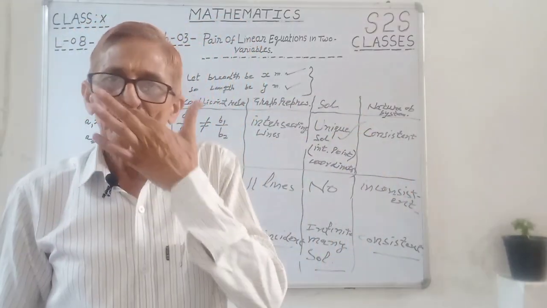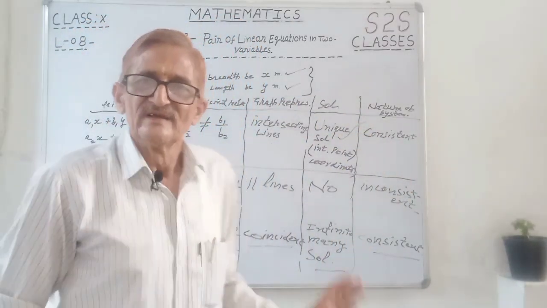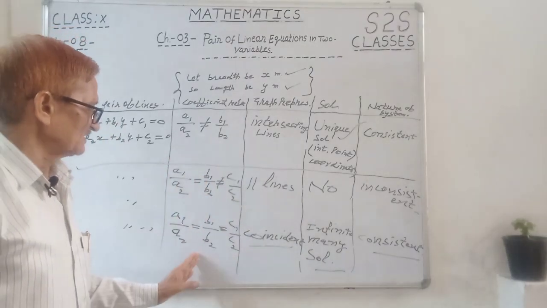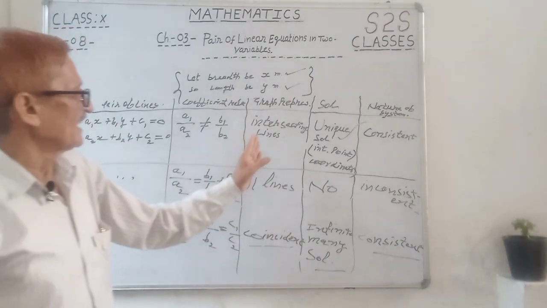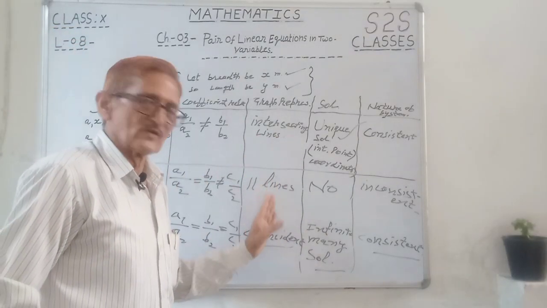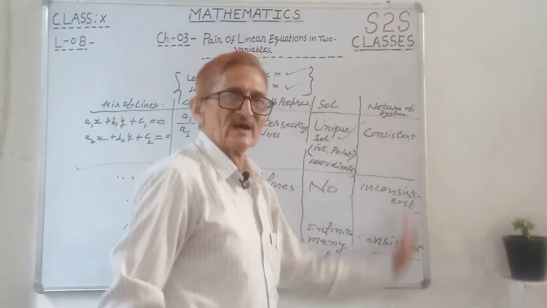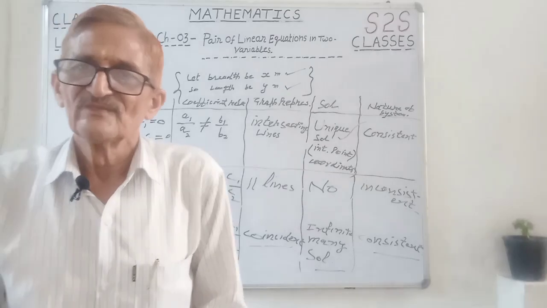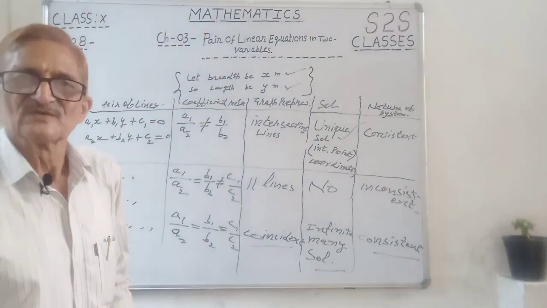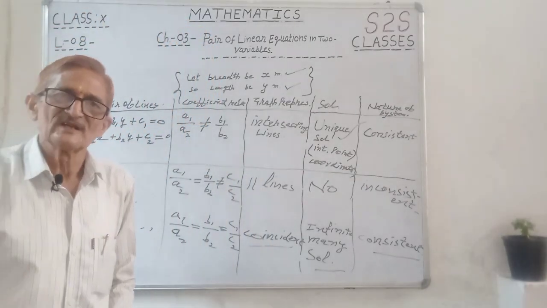According to these three conditions you can tell whether the graph will be intersecting, parallel or coincident lines, what the solution will be, and the name of the system. So these points are important to remember.